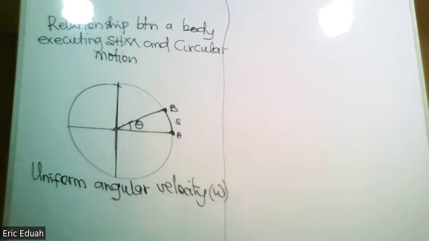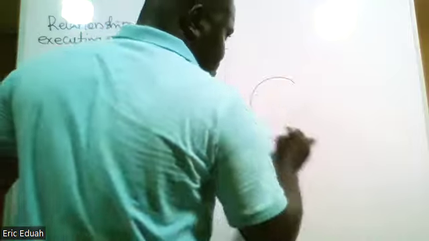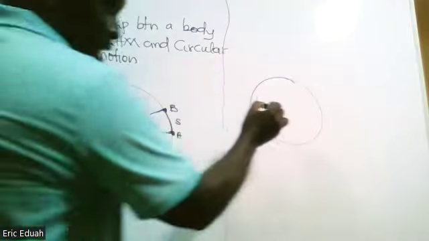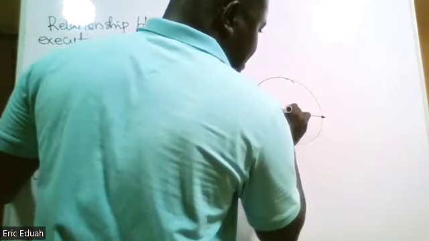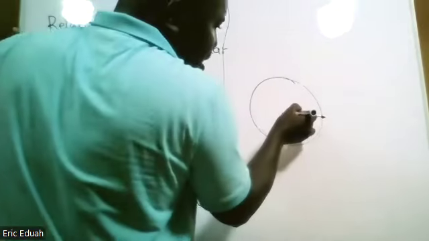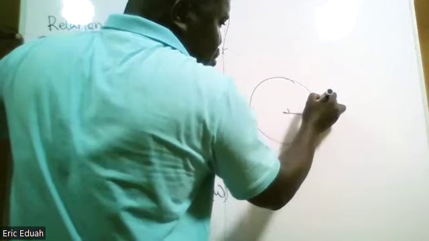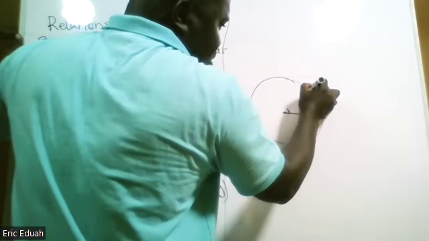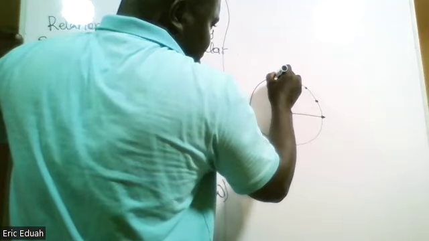Now, when a body is said to be embarking on a uniform angular velocity, this is what it means. So please pay attention. A body moving in a uniform angular velocity means that at every time t, the body covers equal angular displacement at the center within equal time intervals.